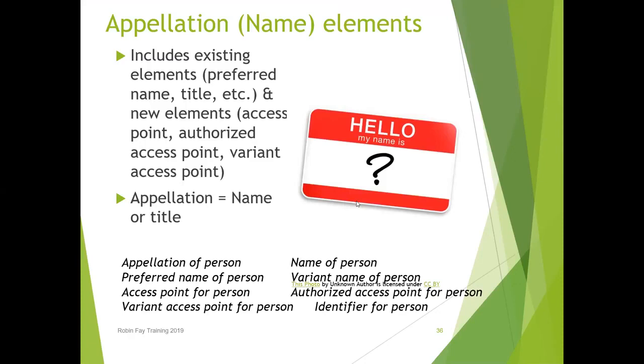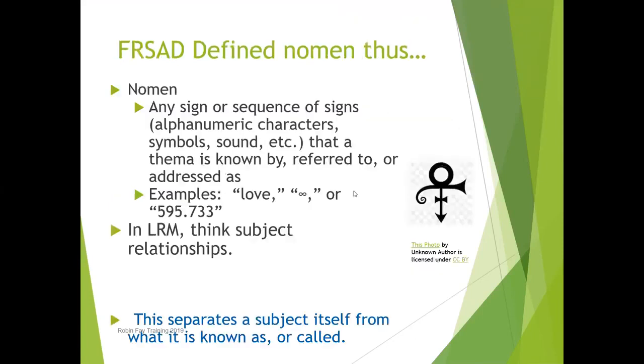I know we've talked a lot about variant names, but then on the data side of it, that can be the authorized access point. It could be a variant access point. It could be that linked data URI that's going to point directly to that person's record or that person's data. So it's just a name or a title, but you're going to see that terminology throughout.